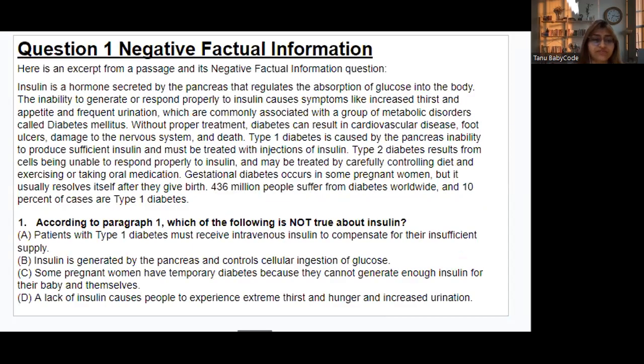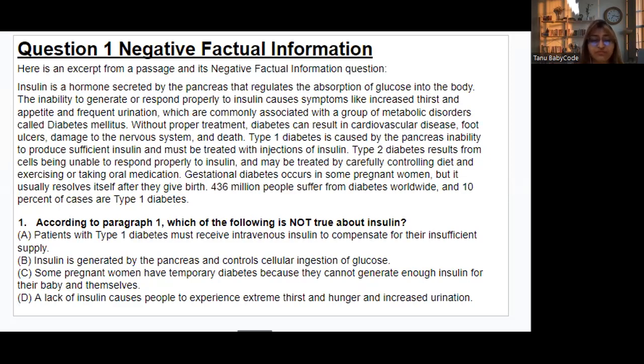Let's look at the negative part. Please go through the question and the passage. So negative factual information: you can read according to the paragraph, which of the following is not true.